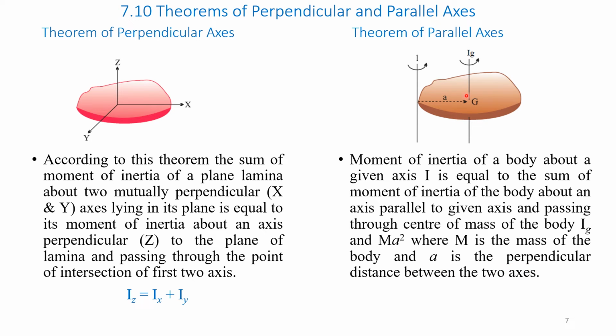Please see the figure above. Here the given axis is I, and Ig is the axis passing through the center of gravity or center of mass of the body. According to this theorem, I is equal to Ig plus Ma square, where a is the distance between the given axis I and the center of mass.